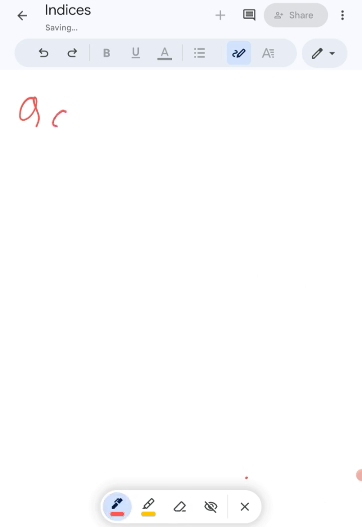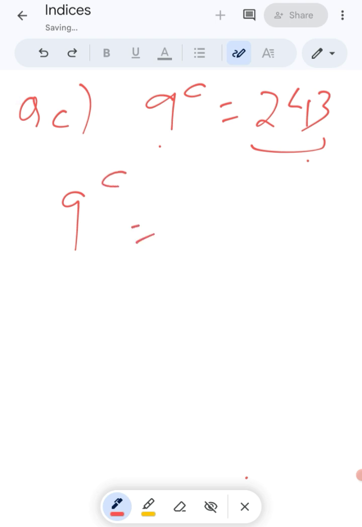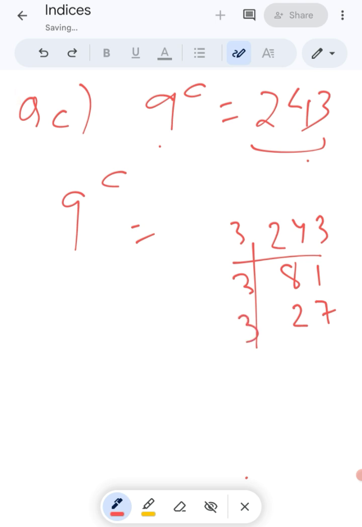I am having my part C. It's 9 raised to the power C is equal to 243. Okay, now I need to make the bases the same first. This shall be on the power of 9. So 9^C is equal to 243, taking out the LCM of that. 3, and what am I getting? 1 2 3 4 5.